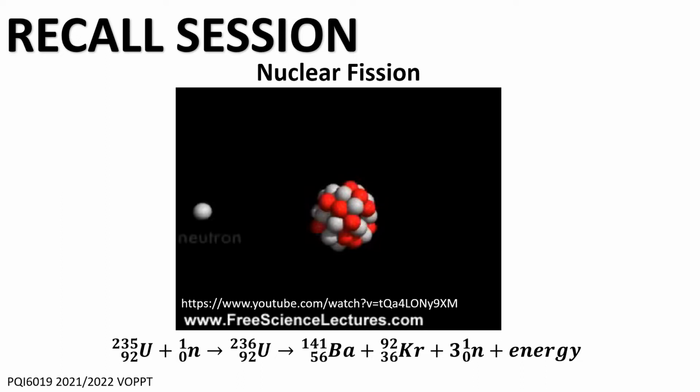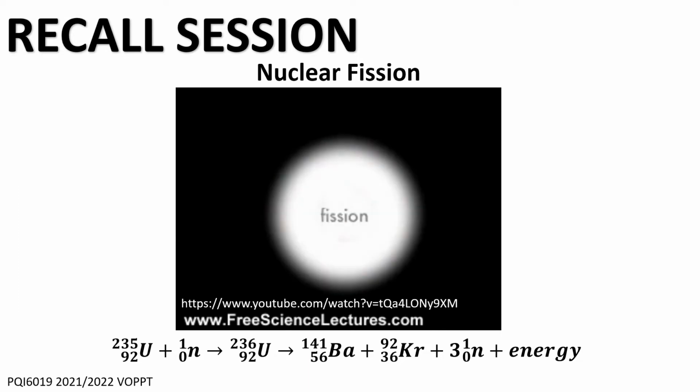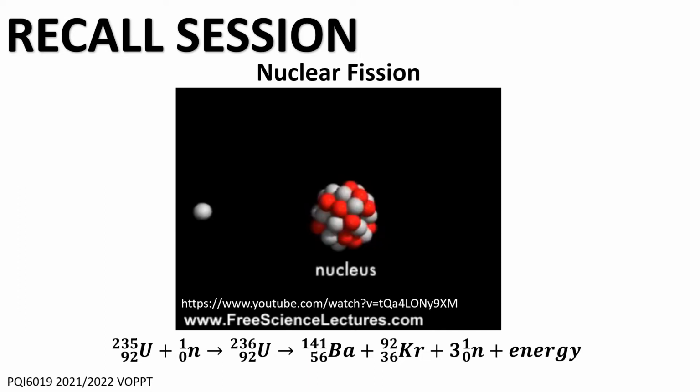Alright, let me play the video. For the first part here, okay, let me pause here. Okay, I repeat the video. For the first part here, you can see a neutron wants to hit the nucleus of uranium-235. So here is the first part of the equation.